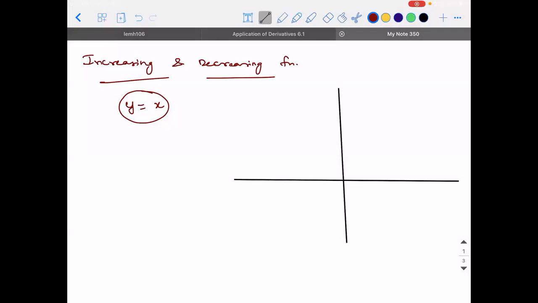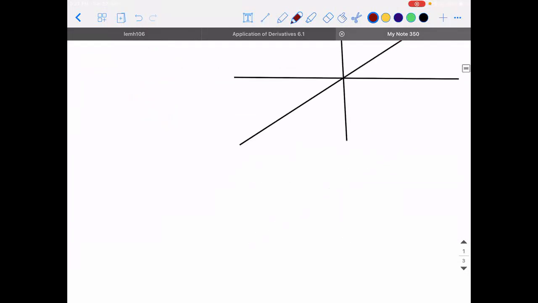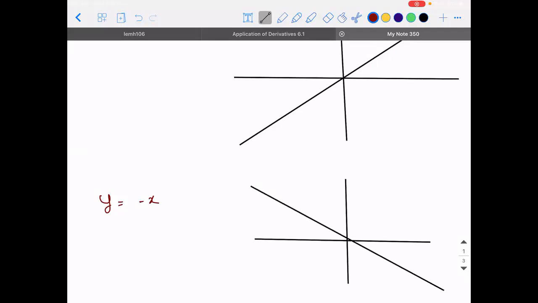It is a straight line passing through the origin. Accepted? Similarly, if I have y is equal to minus x, then the graph is something like this.